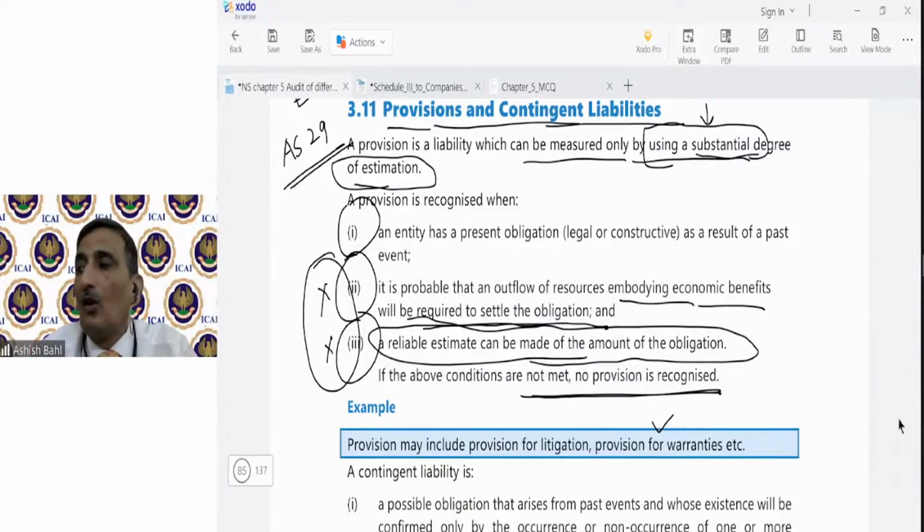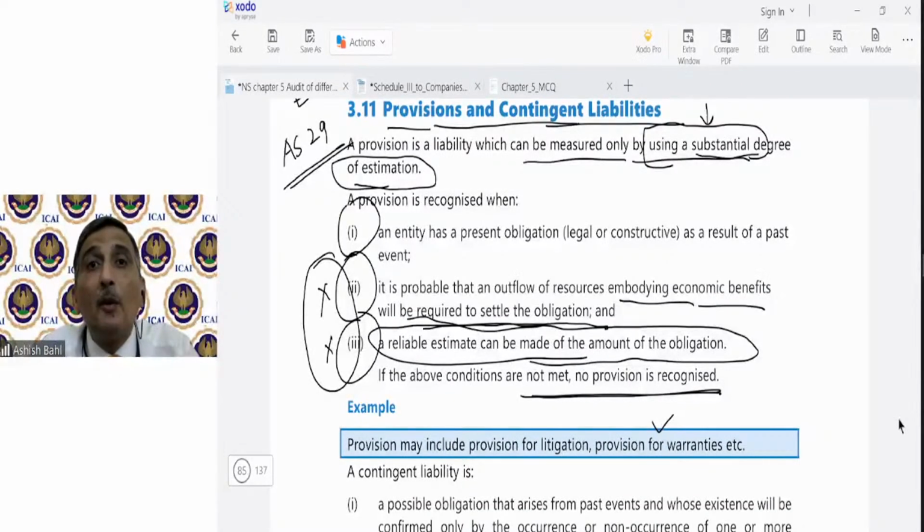Okay. So they may give warranty, like if your product is defective, we will be replacing it or we will be repairing it. So by experience, the companies may be knowing that some customer complaints usually come, and this much amount is usually needed to settle those complaints due to warranty obligations of the company.